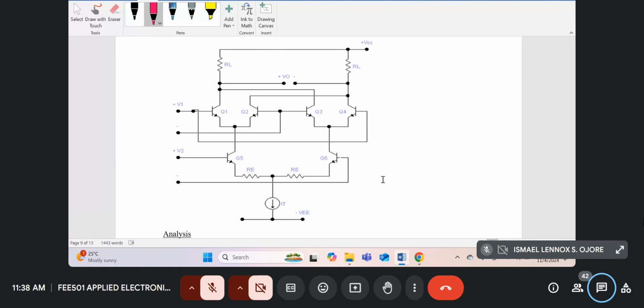Why? I'm not sure. Maybe you can scan the circuit and give it to the CR. You can WhatsApp me so we can look at it in the next class. Okay.